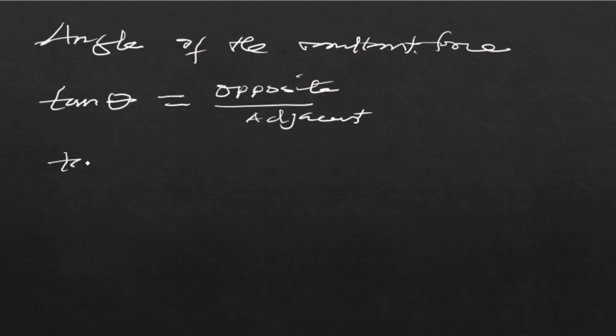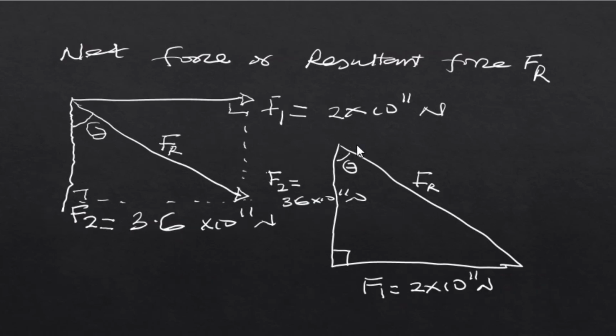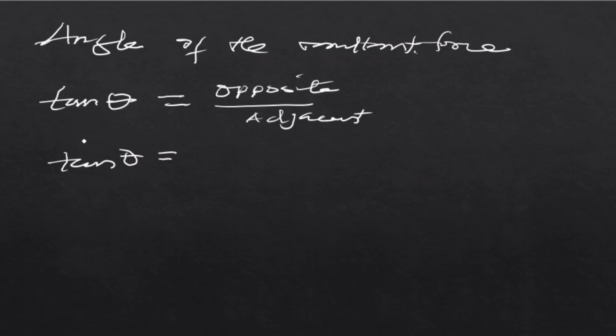Over adjacent. So tan theta is given from this diagram. You will notice that our opposite from here is the F1, while the adjacent is the F2. So here we simply have tan theta to be equal to F1 over F2.